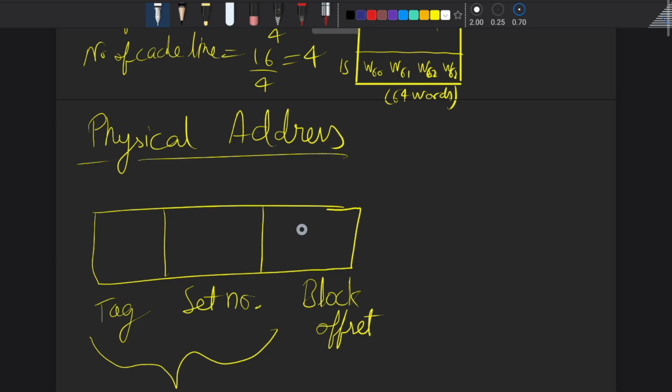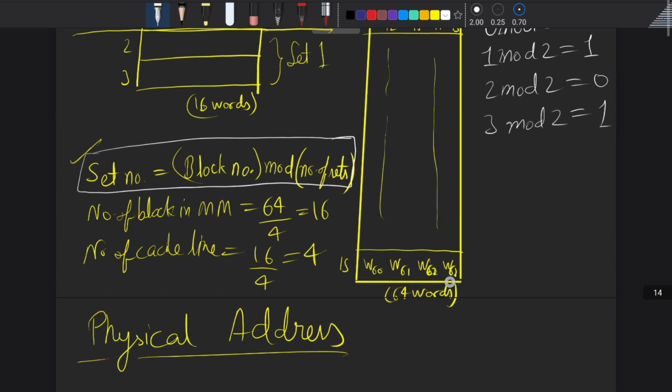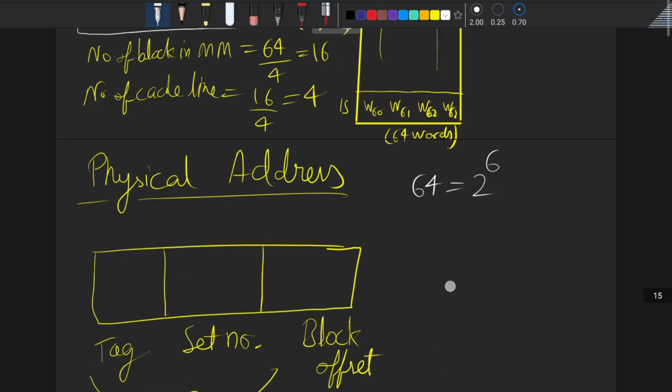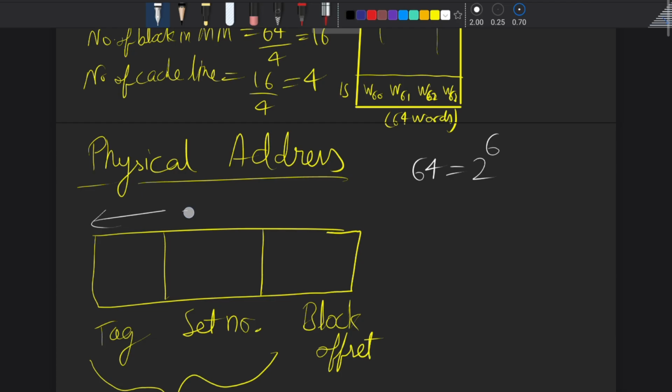First of all we will have to calculate the total size of this physical address, which can be simply calculated by knowing that the main memory size is 64 words. So 64 is equal to 2 to the power 6. So we will need 6 bits in our physical address.